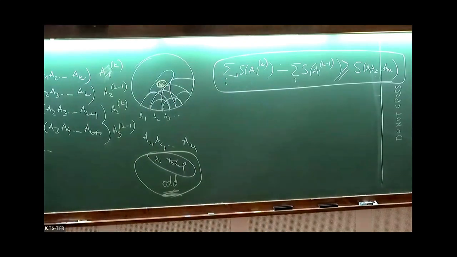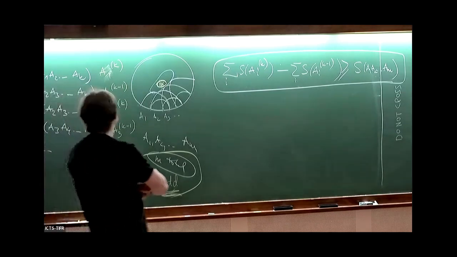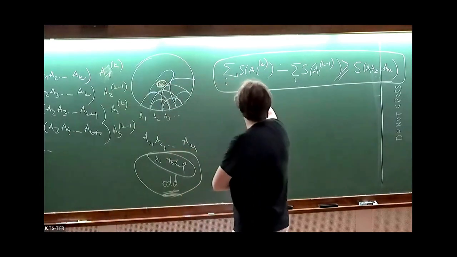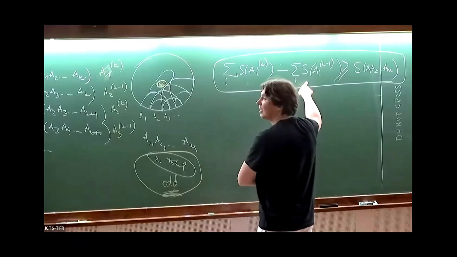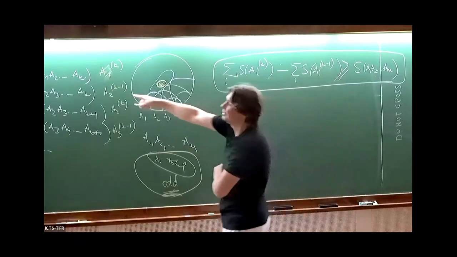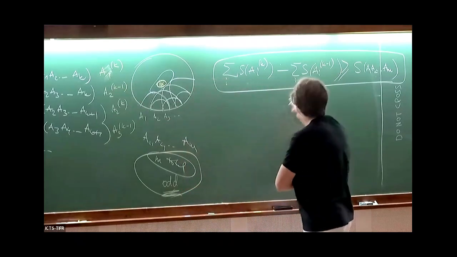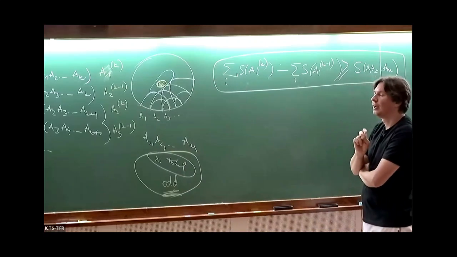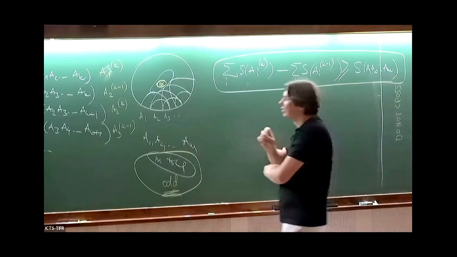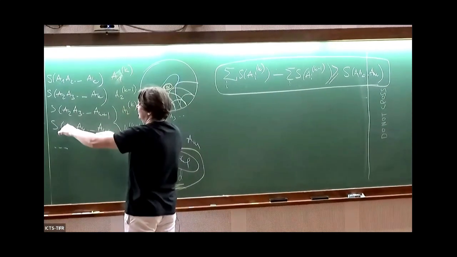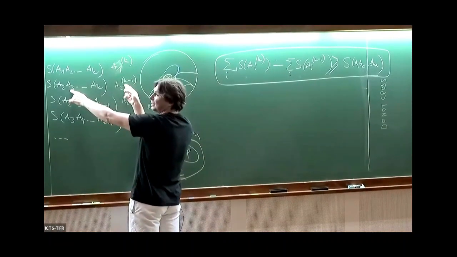Sorry, what's the question? This is k minus 1. These are the shorter ones. Do you agree that these terms will all be AI k minus 1?